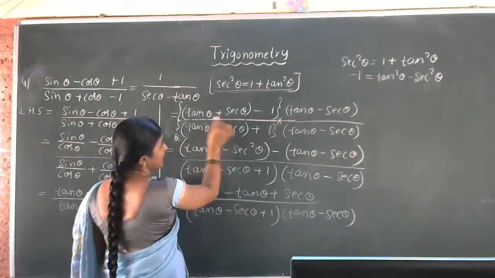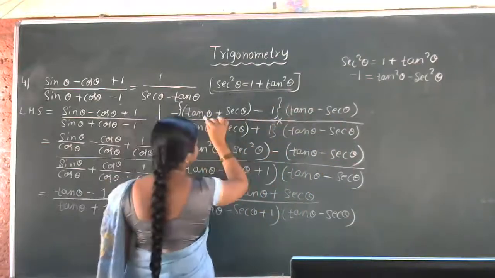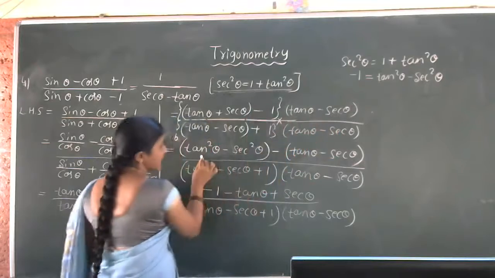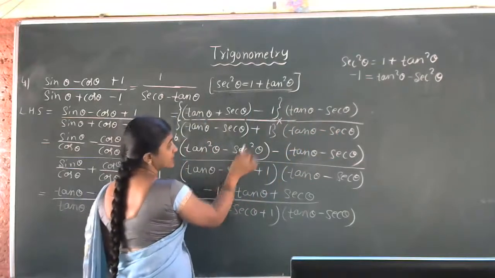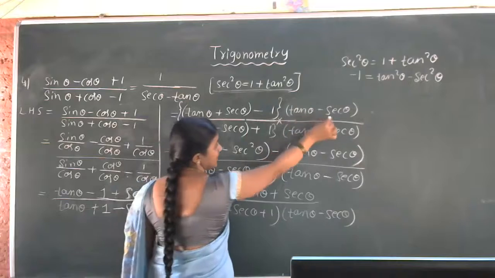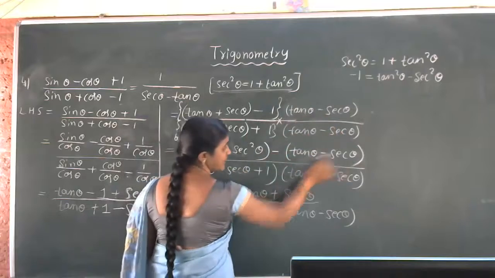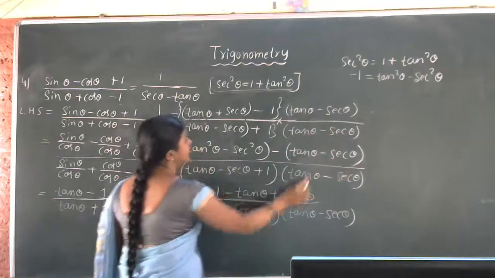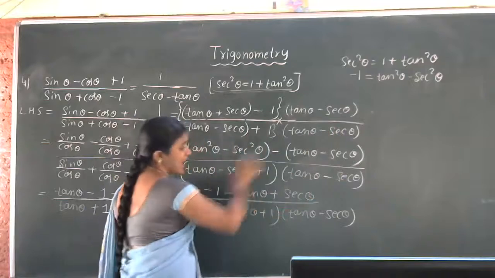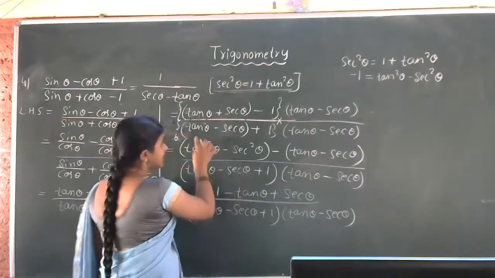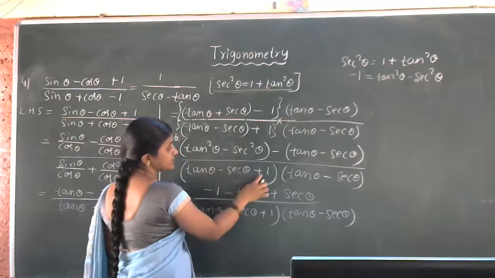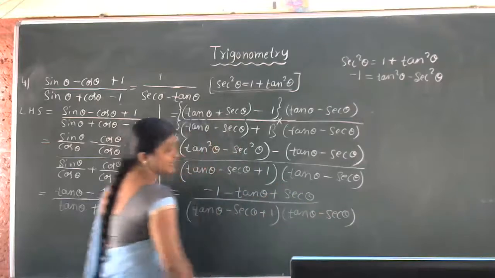Then you can observe (a plus b) into (a minus b) is a square minus b square. Tan square theta minus secant square theta minus 1 into tan theta minus secant theta is minus tan theta plus secant theta. The denominator we have to maintain as it is: tan theta minus secant theta plus 1 into tan theta minus secant theta.